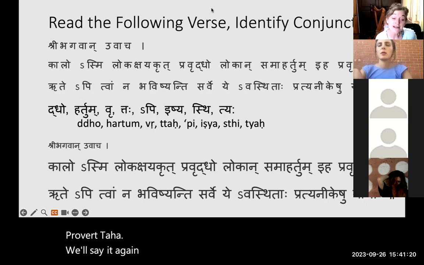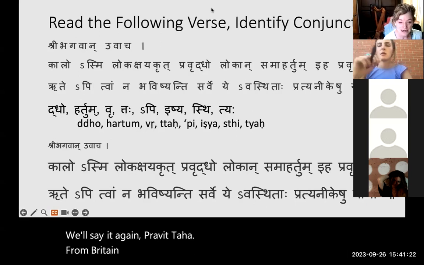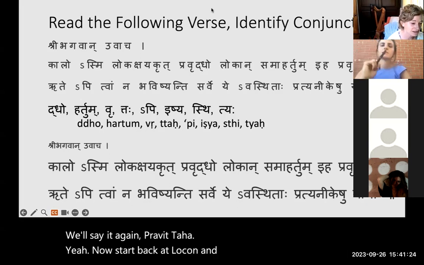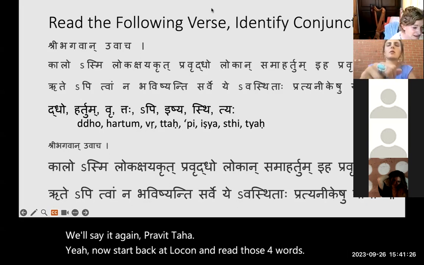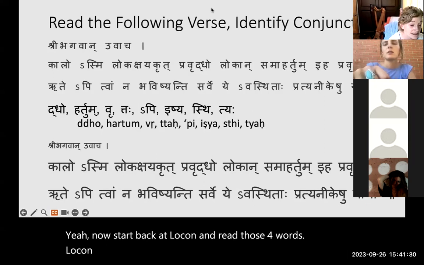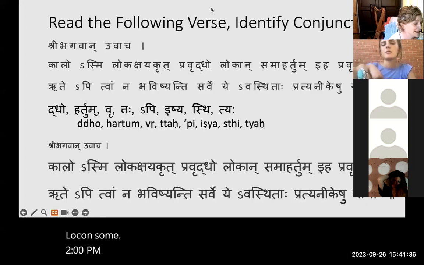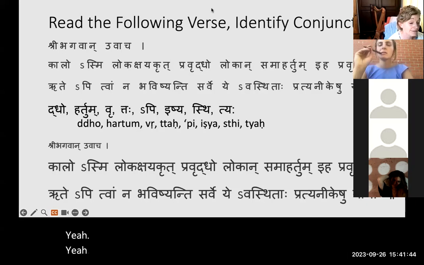Say it again, please. Pravritaha. Now start back at lokan and read those four words. Lokan. Samahartum. Iha. Pra, no, par, pra.